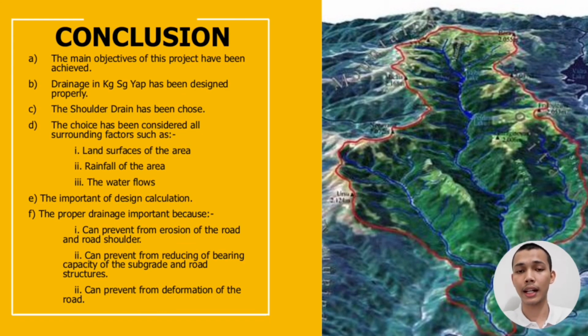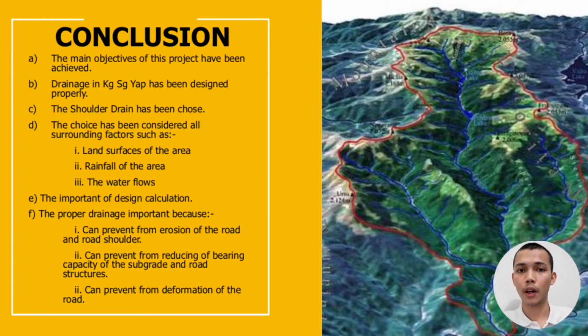We will use the shoulder drain for this project, and the choice has considered all surrounding factors such as, number one, land surfaces of this area, number two, rainfall of the area, and number three, the water flow. Land surfaces of the area are used to assume the direction of water flow, which is from higher ground to the lower ground.